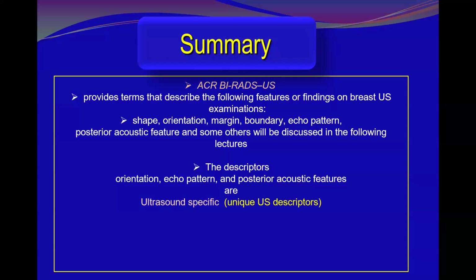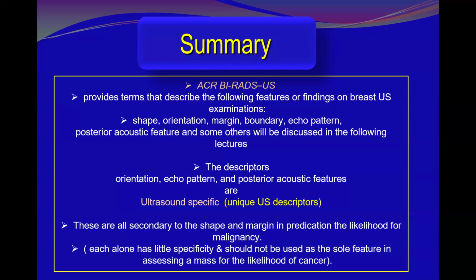Okay, the descriptors orientation, echo pattern, and posterior features are unique ultrasound-specific descriptors. These are all secondary to shape and margin in predicting the likelihood of malignancy, and are not primary per se.